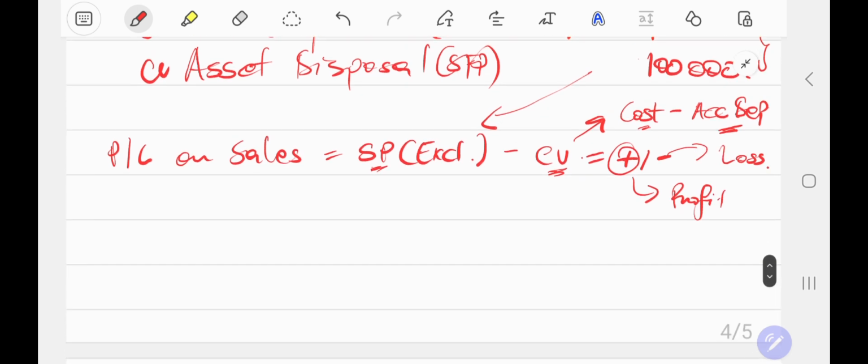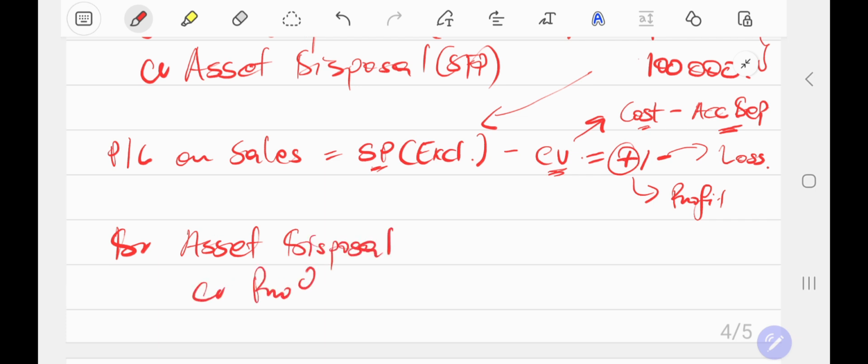So how do you record this? When you made a profit, you debit asset disposal, and then you credit profit on sale. Why is profit on sale credited? Profit on sale is an income account, and income increases equity on the credit side.